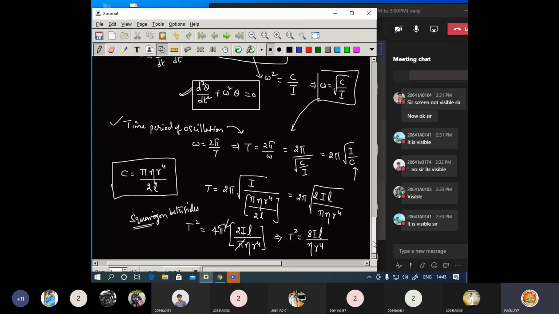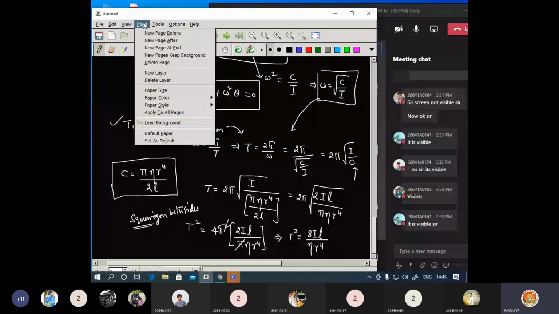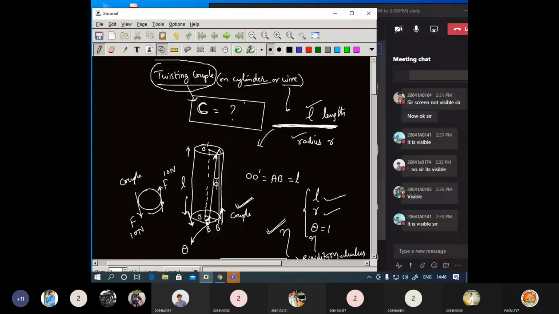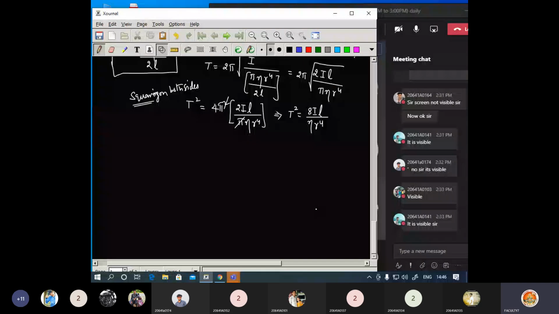Now from this we are going to get the resultant expression. Let us see the resultant equation here.